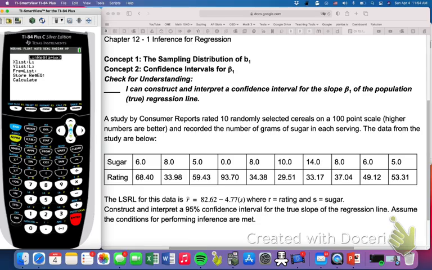So here our X list is L1, Y list is L2, and everything is as per normal. Voila. You see that the A indicated here is 82.62, rounded to 2 decimal places, and the slope is negative 4.77.